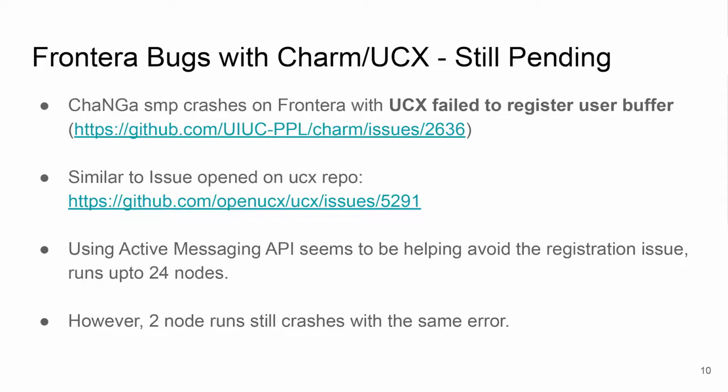However, I recently just found out that the 2-node run is still crashing with the same error. So hopefully we can get that fixed, and that's one of the still big ticket pending items, because Changa has a big allocation on Frontera that they would like to use and run successfully. So hopefully we can get that fixed over the next couple of months.